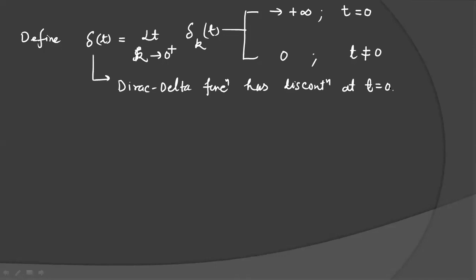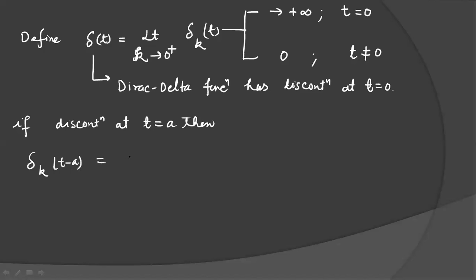If we want, we can shift this jump discontinuity to any point, as we previously did with the unit step function. If the discontinuity is at t equal to a, what will be the delta kt minus a function?